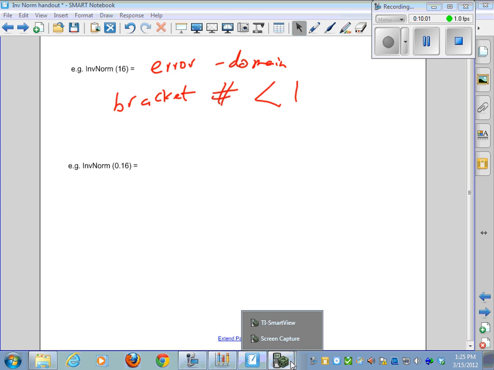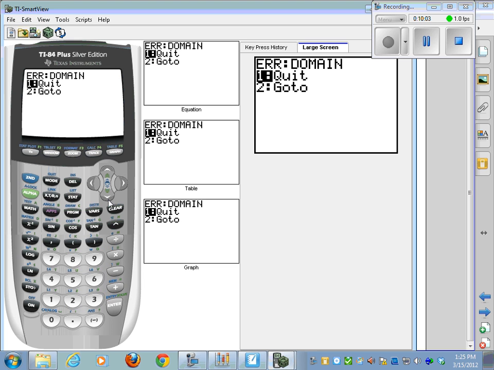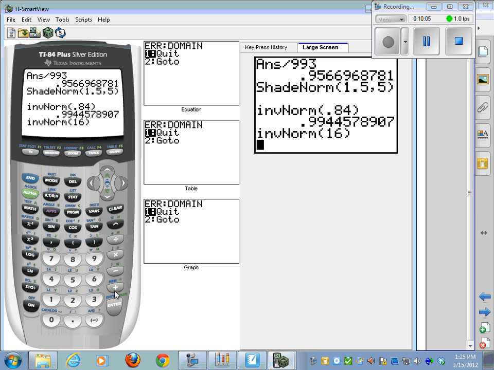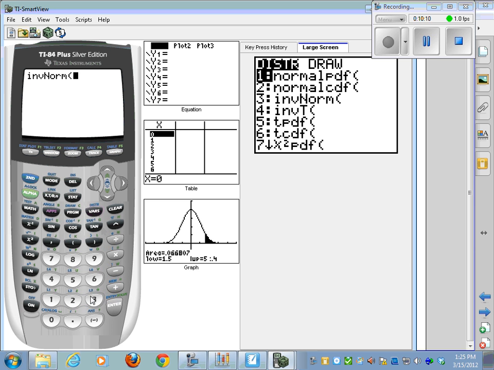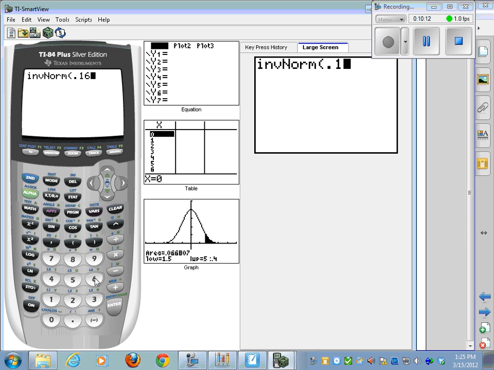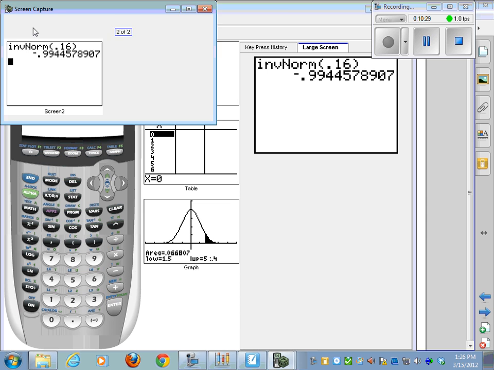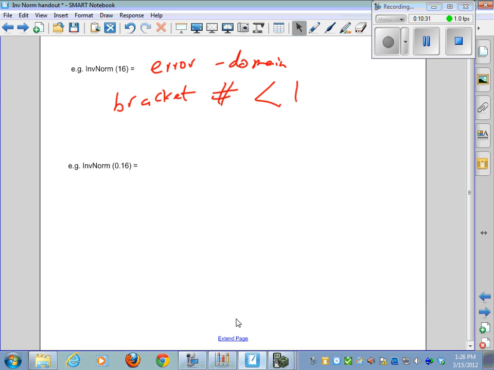So let's try invert norm 0.16. Second function, distribution, invert norm 0.16. Now the 0.16 refers to the shaded area. I get a value of minus 0.994. What does that mean in terms of the picture?